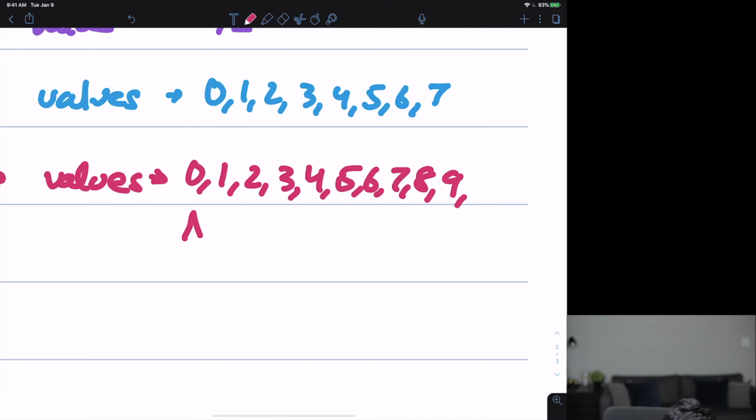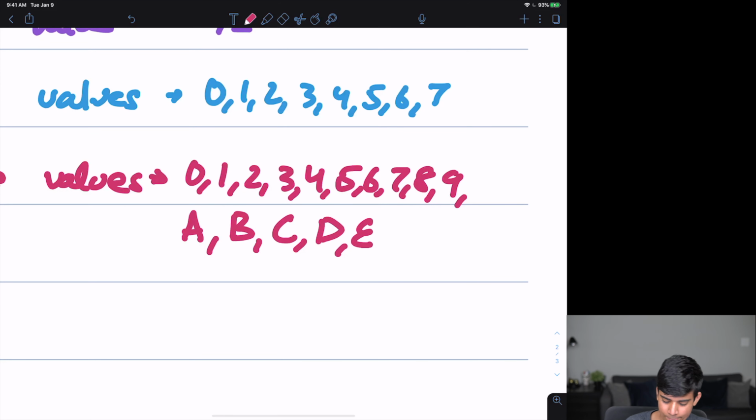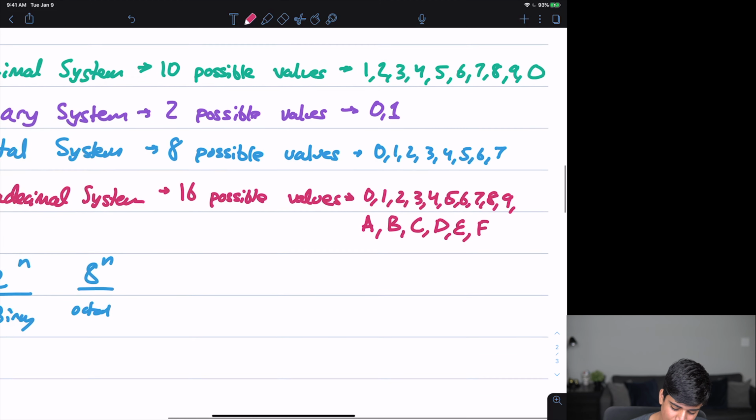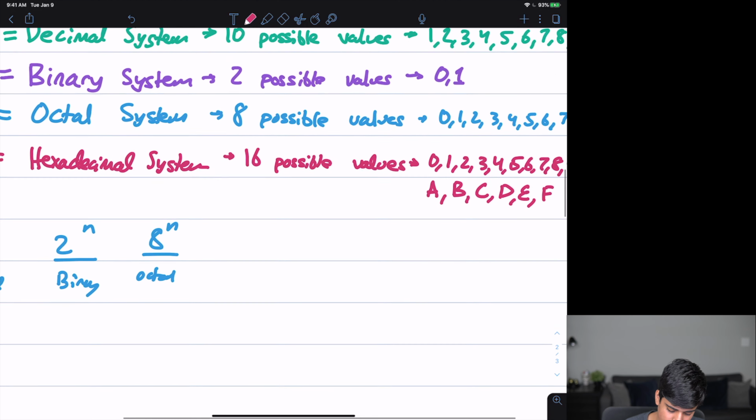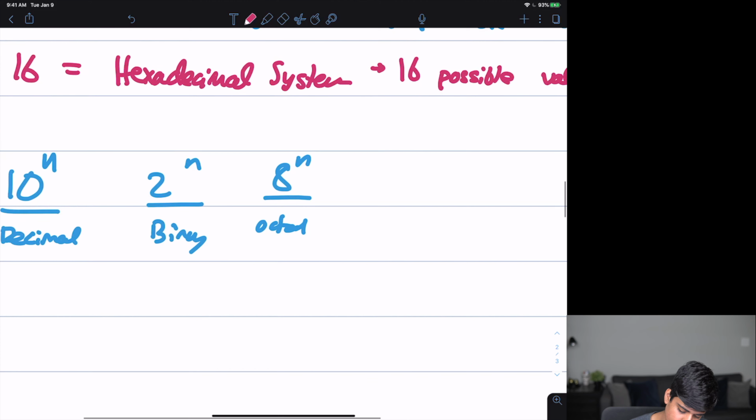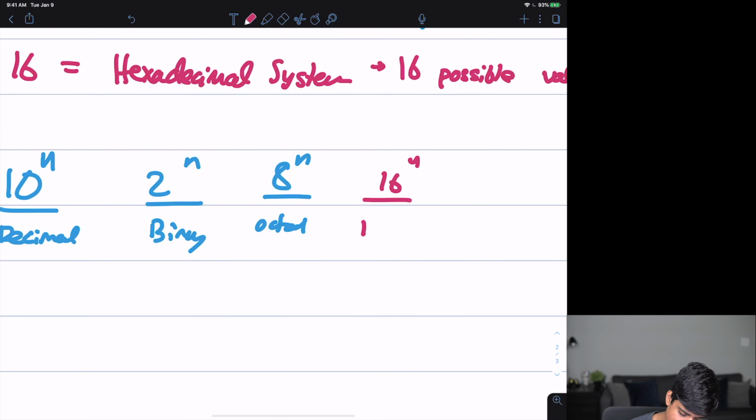So now I have A representing 10, B is 11, C is 12, D is 13, E is 14, and F is 15. All right? So I'm going to write this down here also, that's base 16, this is the hexadecimal.